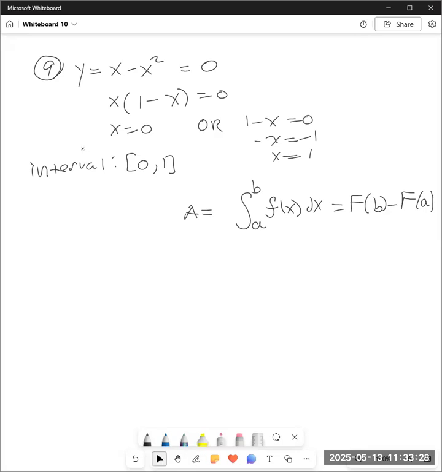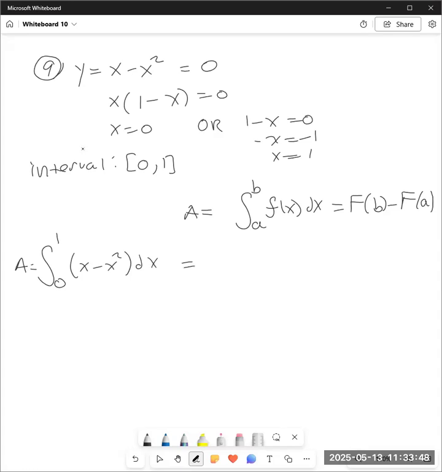So let me go ahead and show you how to do this one. My area is equal to the integral from 0 to 1 of x minus x squared dx.